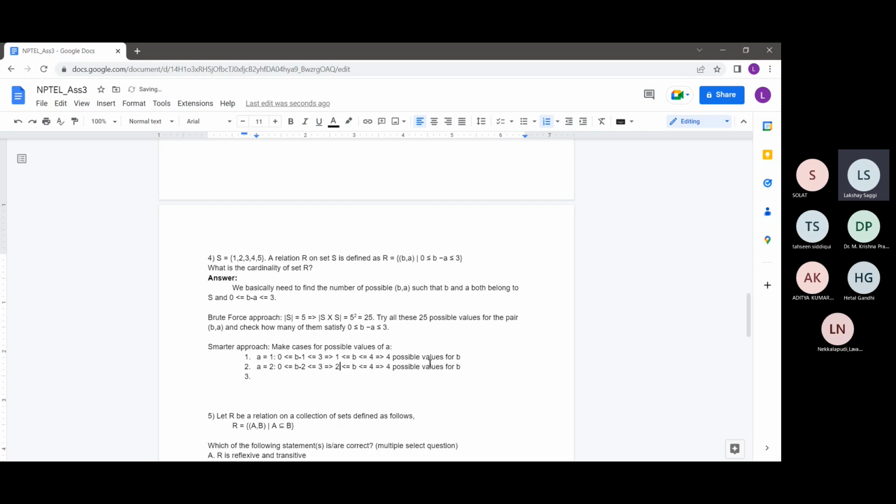So B lies between 2 and 5. Between 2 and 5, we can take the values from the set as 2, 3, 4, and 5. So again, we have 4 possible values for B. I hope it is clear to you guys.